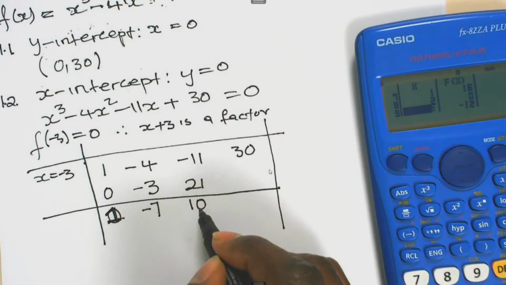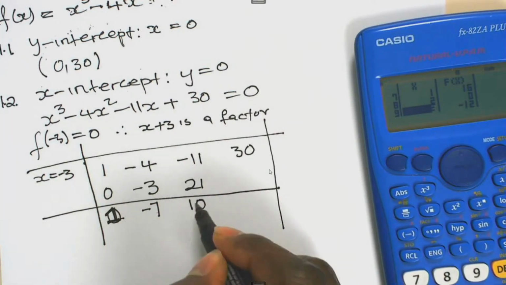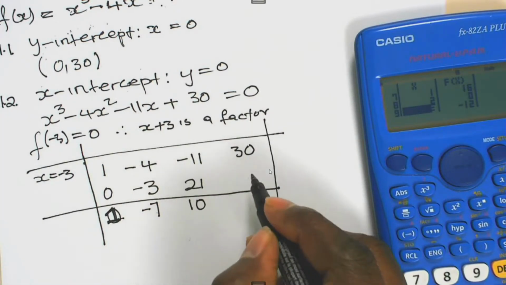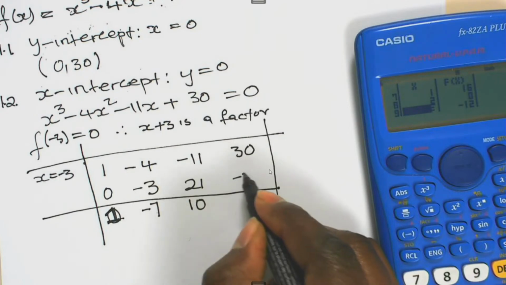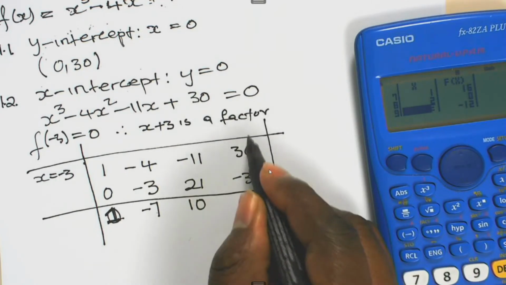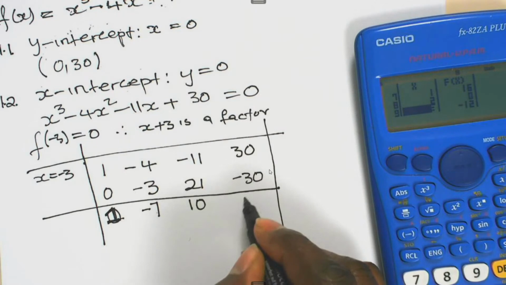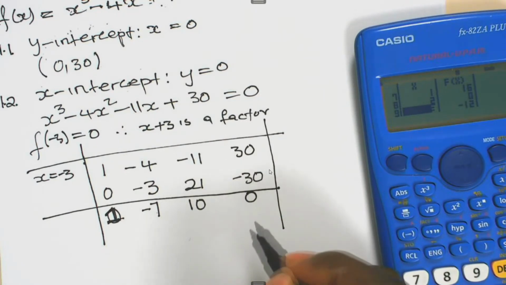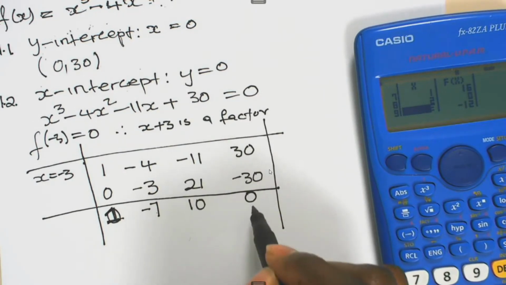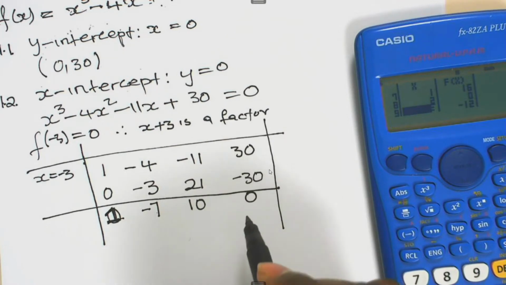And then 10 multiplied by -3, we get -30. Then you add inside the gate, and you get 0. Every time here you should get 0. If you don't get 0, you should know that something is not right.